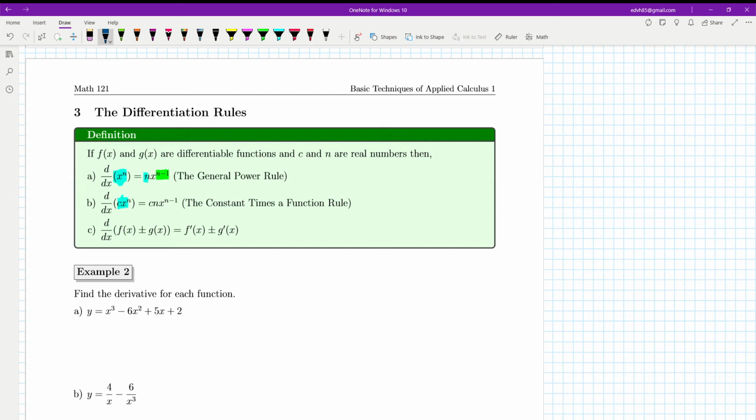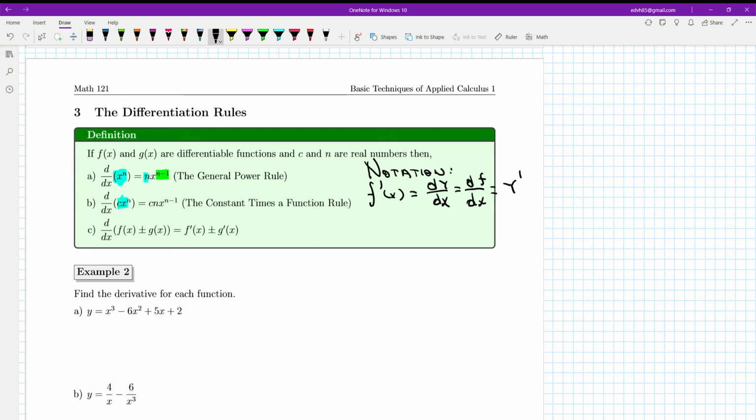So for the derivative notation, f prime of x is the same as saying dy dx. It's similar to delta y over delta x, or sometimes df dx, and also we use y prime.